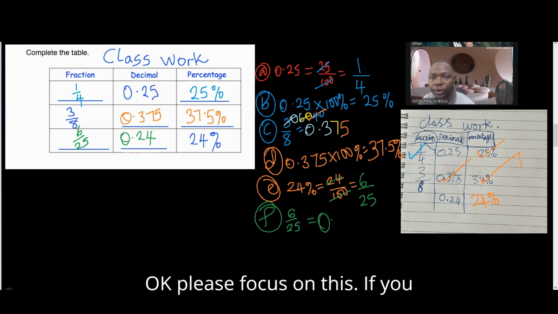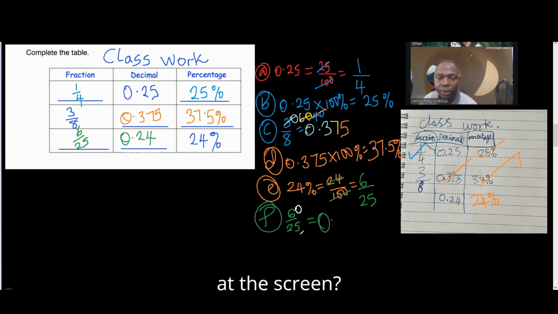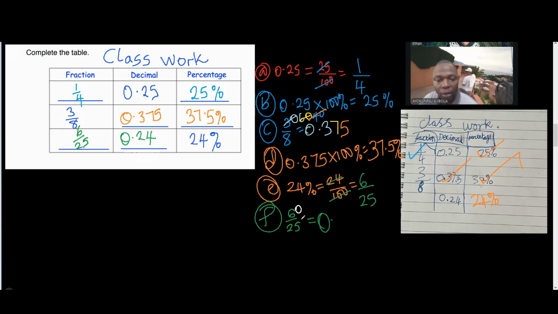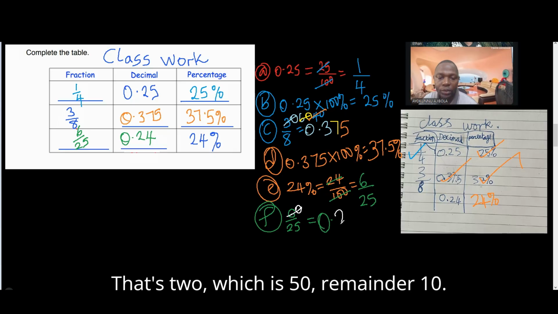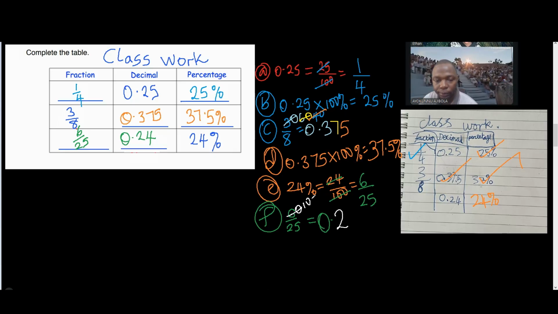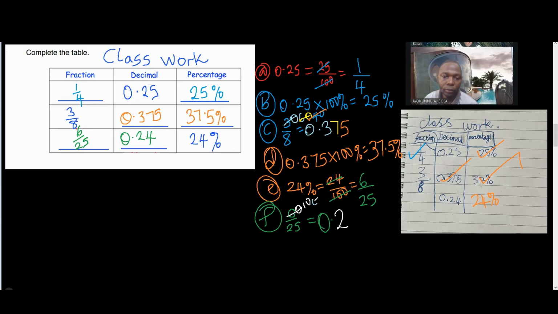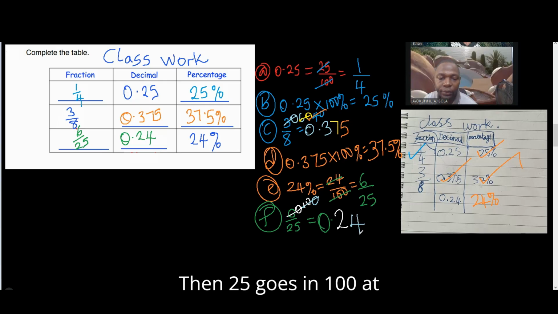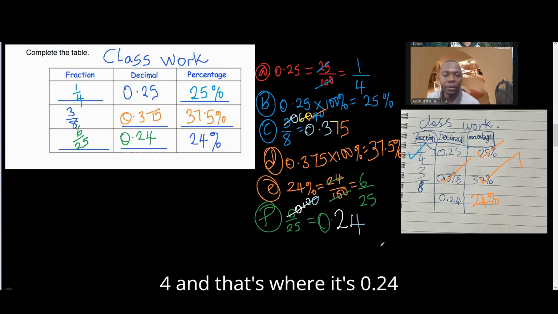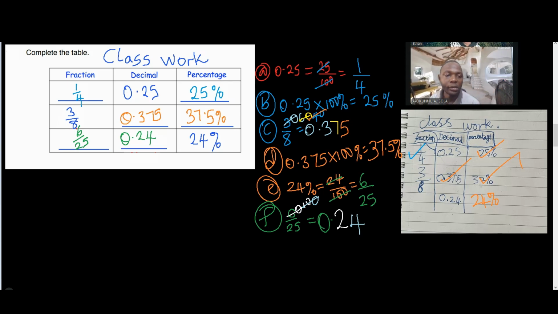Please focus on this. If you put a 0 here, how many 25 goes in 60? That's 2, which is 50, remainder 10. Then you put another 0. Then 25 goes in 100, that's 4. And that's where 0.24 came from. Is that clear? Yes, it is.